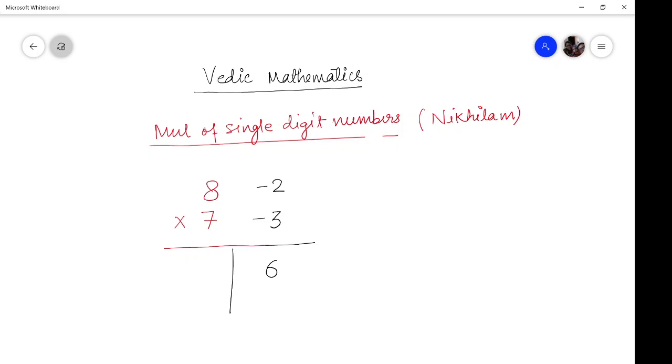Now, you move crosswise, either in this direction or in this direction, and you add. So 8 plus minus 3 is 5.